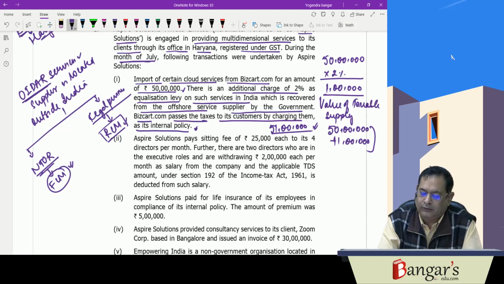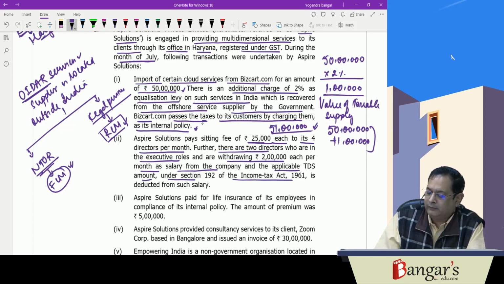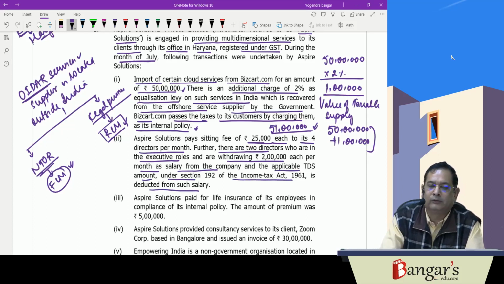Then the next one is that Aspire Solutions pays a sitting fee of 25,000 rupees each to its 4 directors per month. There are 2 directors in executive roles, and they are withdrawing 2 lakhs each per month as salary from the company, and the applicable TDS under section 192 of the Income Tax Act is deducted from such salary.